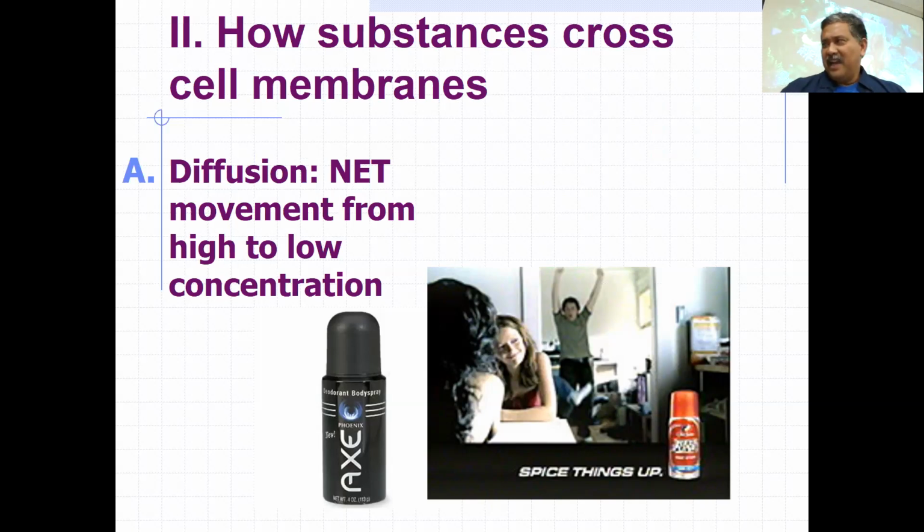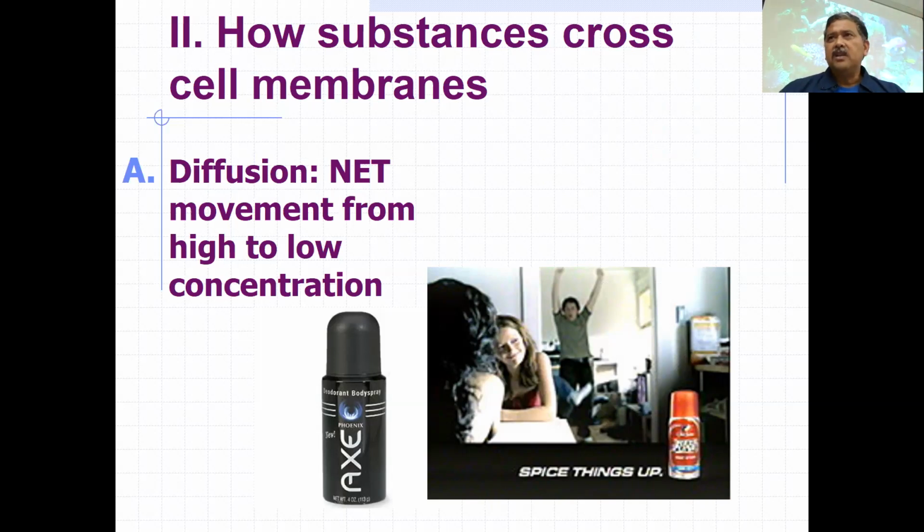And I don't like to do that anymore because the people in the first two rows get sprayed and knocked out, whereas the person at the very back of my room won't smell it for quite some time. That's because it goes from a high concentration of scent molecules in the can, and then once you release that button, it spreads out. So that's a movement from high concentration to low concentration.